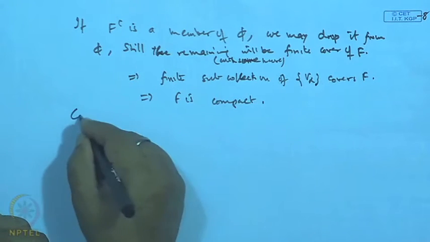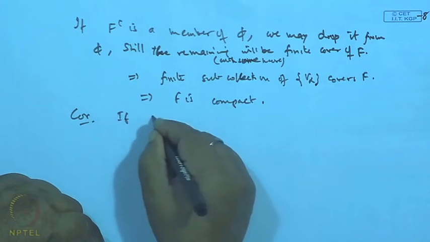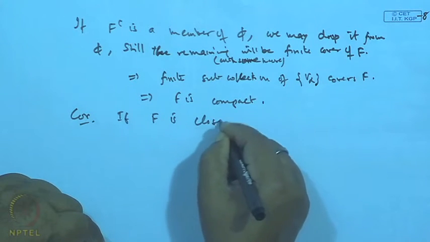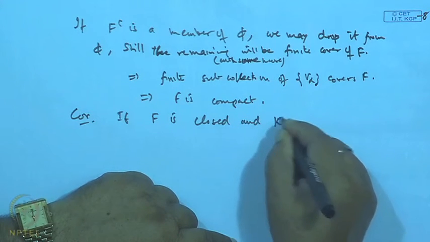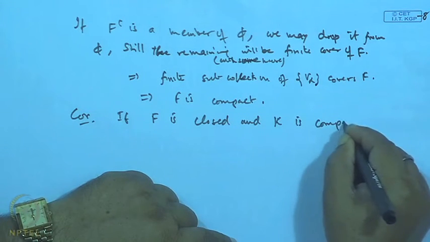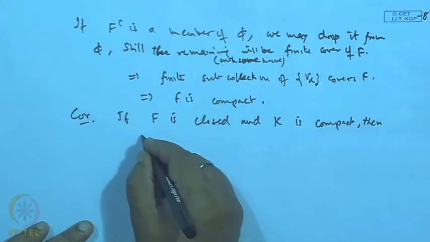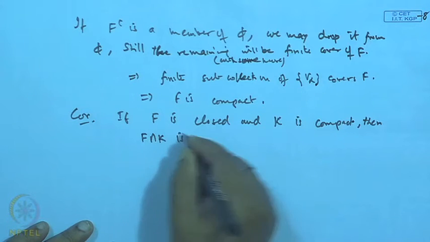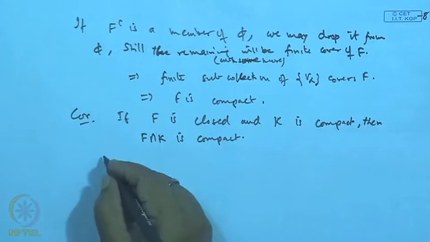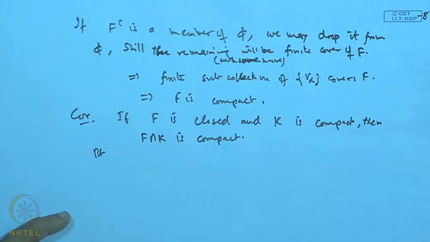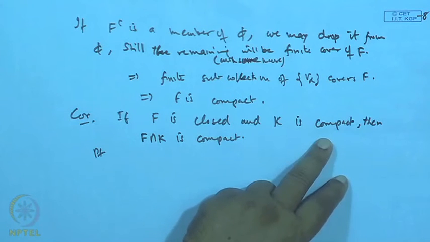Now, as a corollary to this, if F is closed and K is compact, then F intersection K is compact. The proof is very easy. What is it? F is closed. K is a compact subset of X. Every compact subset of a metric space is closed.